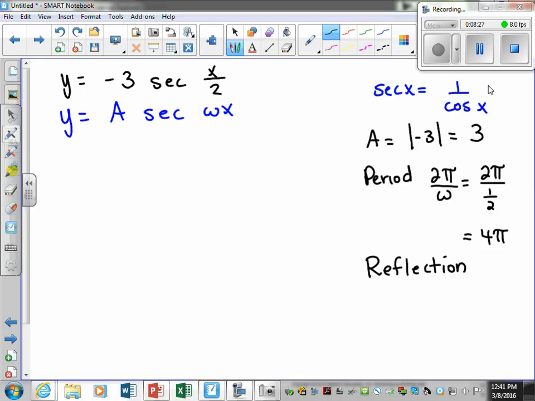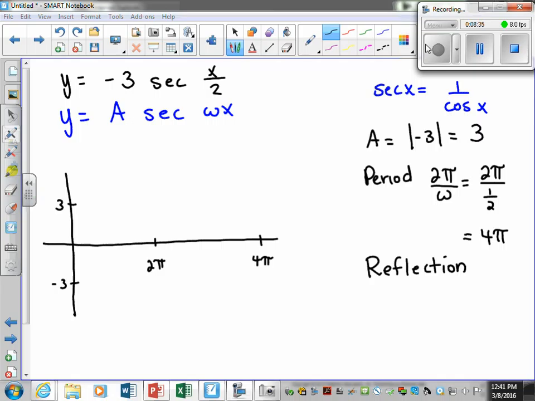Let's draw a rough sketch of cosine of x. Negative 3 cosine of x over 2 first. Okay, so all I've done so far is a negative 3 and a 3 for my amplitude, and then I know a period is 4 pi, so to go through one cycle it's going to be 4 pi.